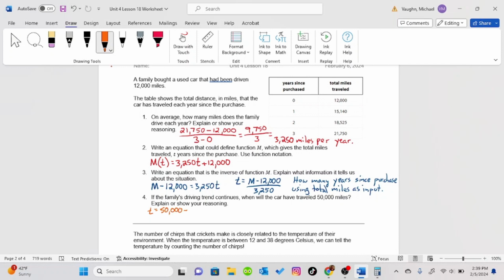50,000 minus 12,000 divided by 3,250. 50,000 minus 12,000 is 38,000.